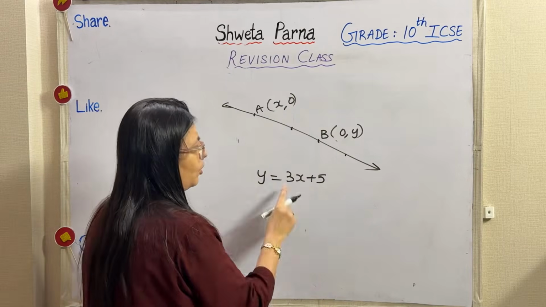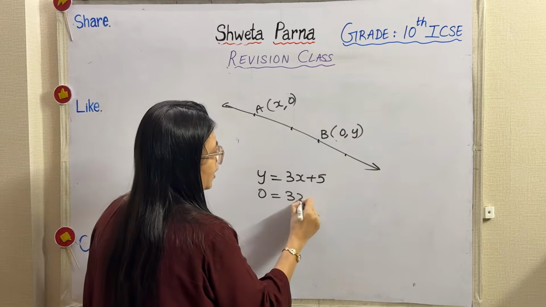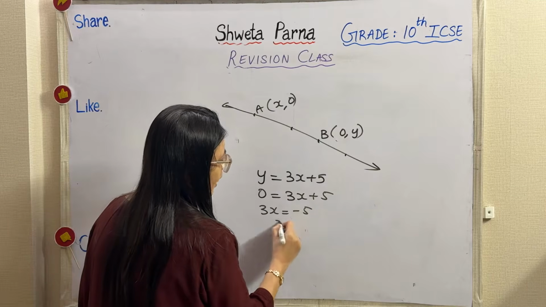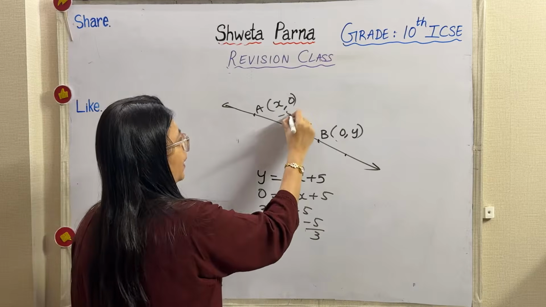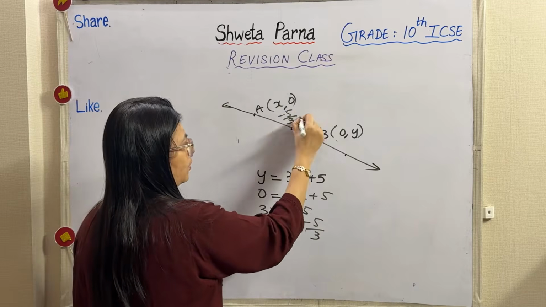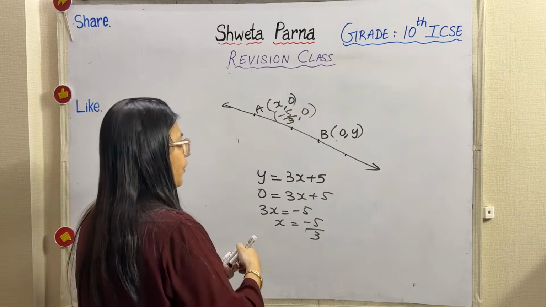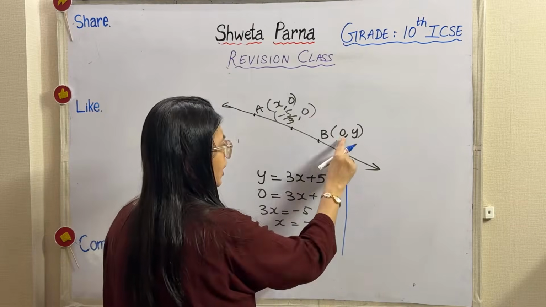Say x comma 0, substitute over here. So this will become y 0 is equal to 3x plus 5. So 3x is equal to minus 5. X is equal to minus 5 upon 3. So the coordinate would be minus 5 upon 3 comma 0. Okay. Same way, if I want to find for point B, so substitute it in this equation only.